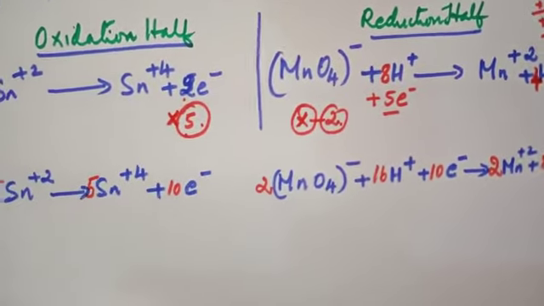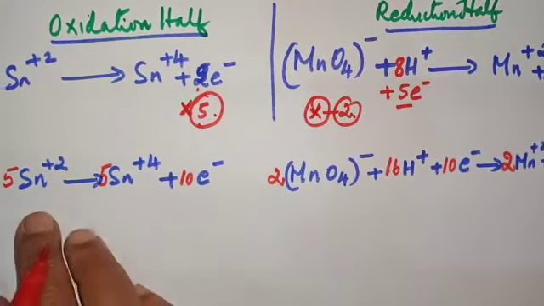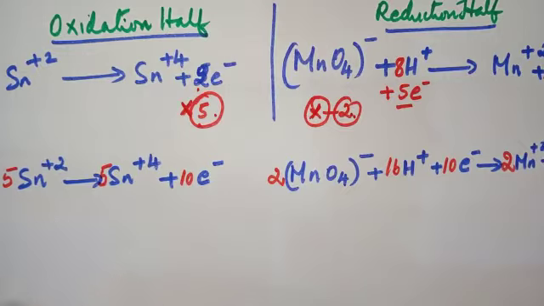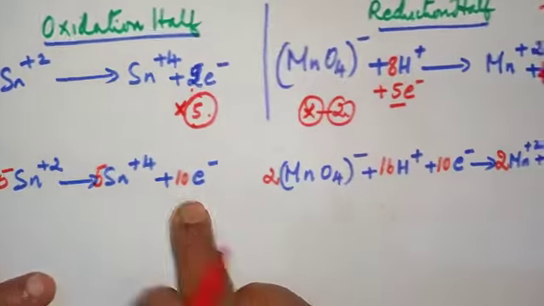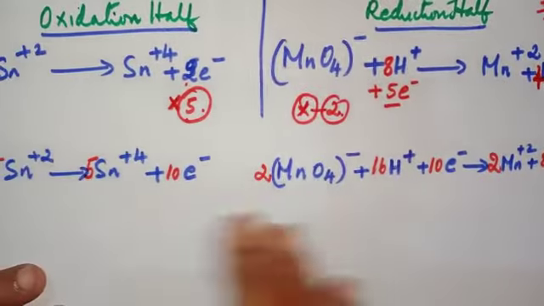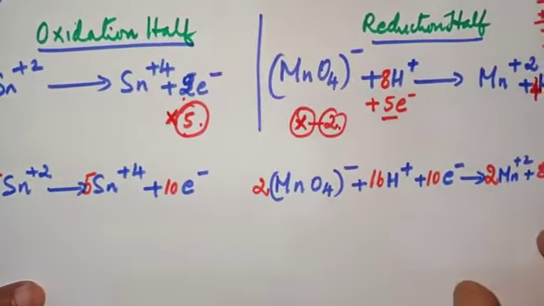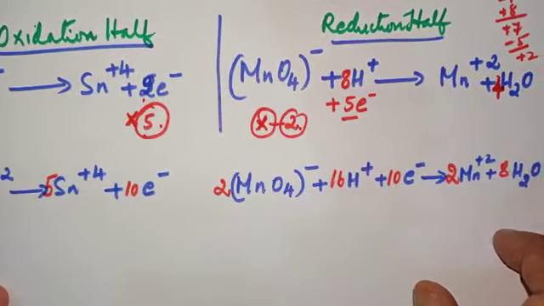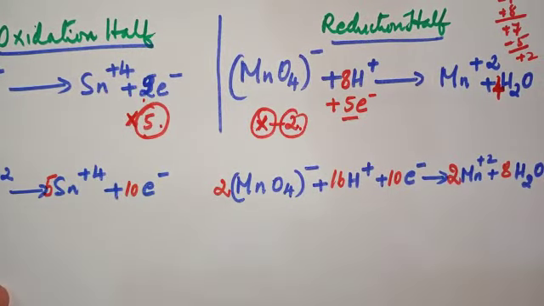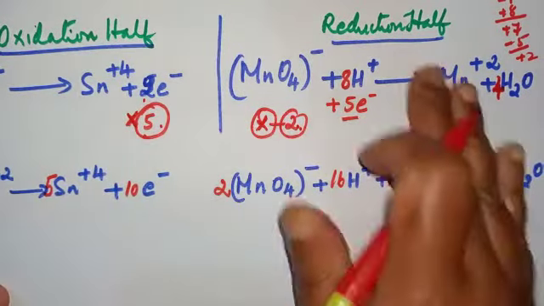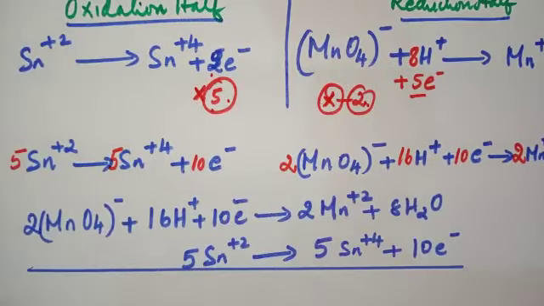Now in the next step, what should we do? Now we have equated both the reactions. The number of electrons is equal in both: here it is 10 electrons, and here there are also 10 electrons. Now we have to add both the oxidation half reaction and the reduction half reaction.